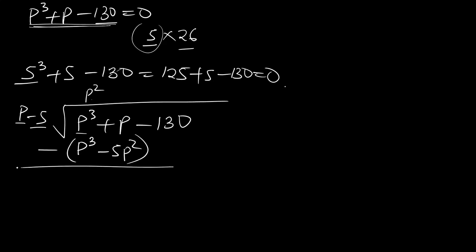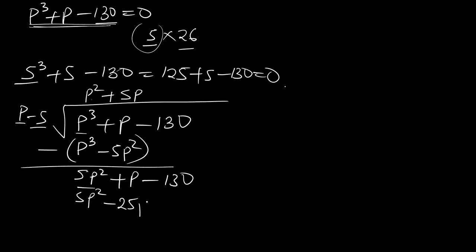Now if you subtract, this cancels out, minus times minus 5p squared, you have plus 5p squared. Then you bring down this plus p minus 130. So p divided into this one, you have plus 5p. So plus 5p times p, you have p squared, plus 5p times minus 5, you have minus 25p.